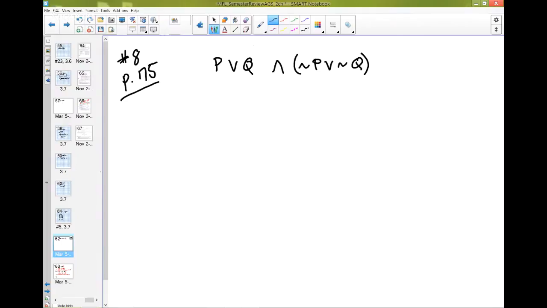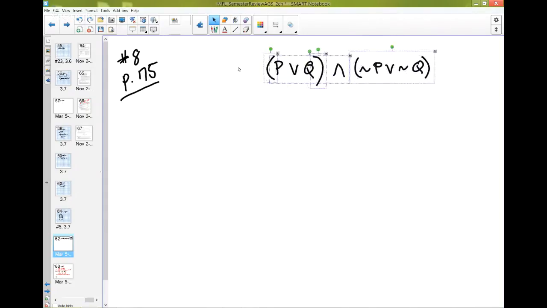I got to just see if I copied that right. I should put parentheses here. I believe that is correct. Okay, now I'm going to just move that over a little bit. So good news, we still only need 4 rows, right, Elliot? 2 letters.